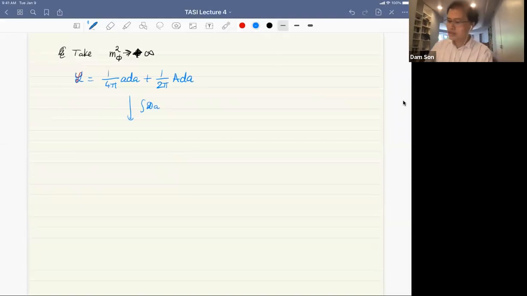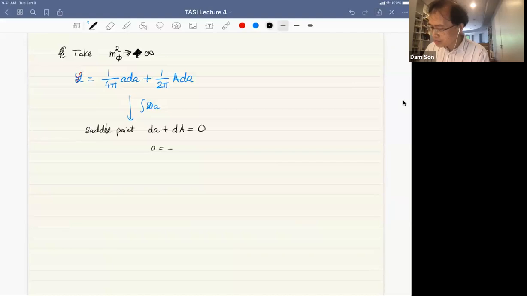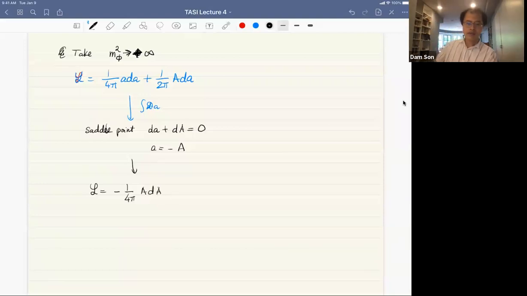It's just a quadratic integration. The saddle point is when the equation for the saddle point, da plus dA equals 0, which means a is minus capital A, and the action becomes minus 1 over 4 pi A dA, I think.